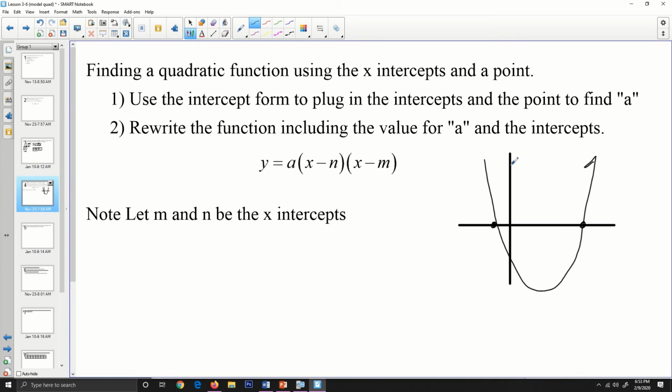I could draw a parabola that looks like that through it. I could do one that's real shallow looking. Or I could even have a parabola that opens down. So I need to find out what a is to find the direction and how it opens.